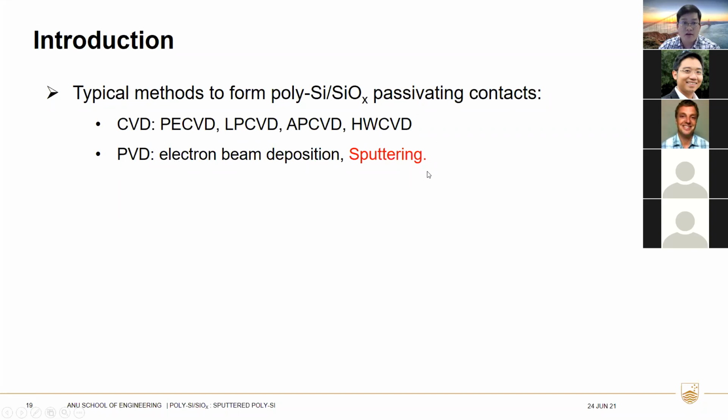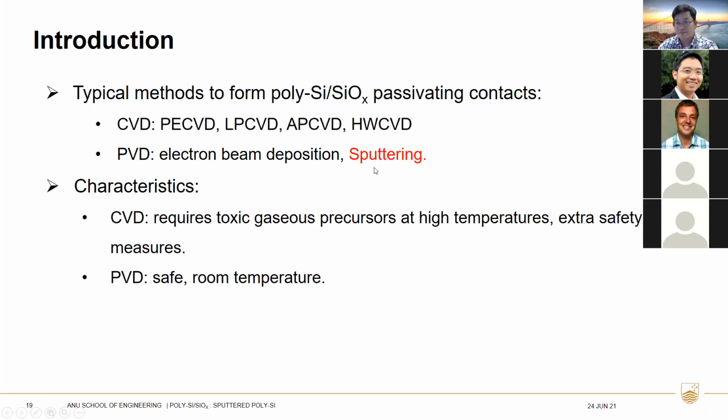Sputtering will be the focus of this work. About the characteristics of the different methods, CVD often requires toxic gaseous precursors at high temperatures, and it requires extra safety measures. PVD is often safe, and it can be performed at room temperature.